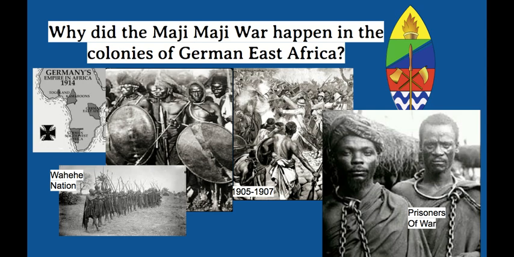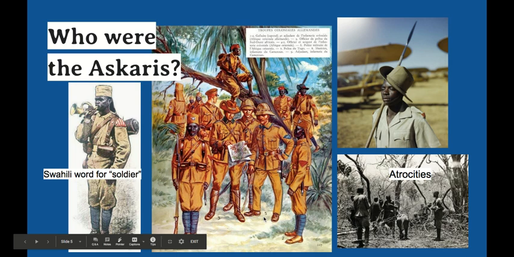The Germans wanted to create a colony there. The Germans wanted to create plantations there, and the people of Tanzania were resisting. As a result of that war, there was more famine.